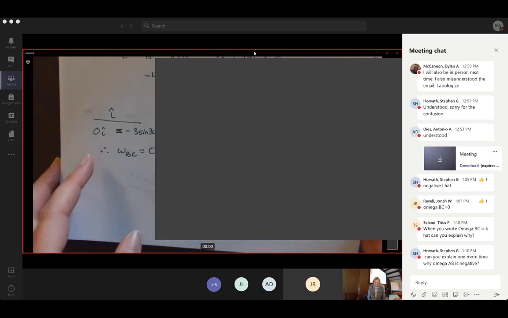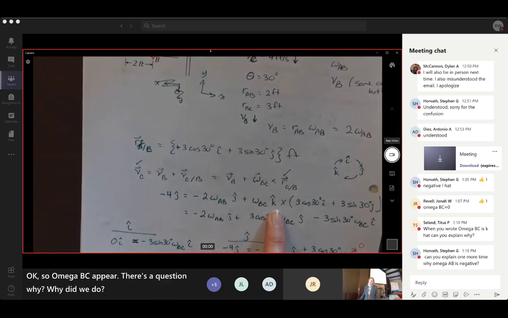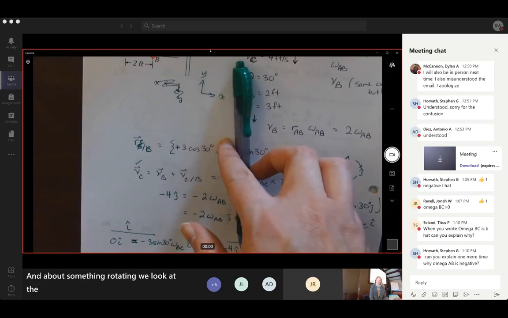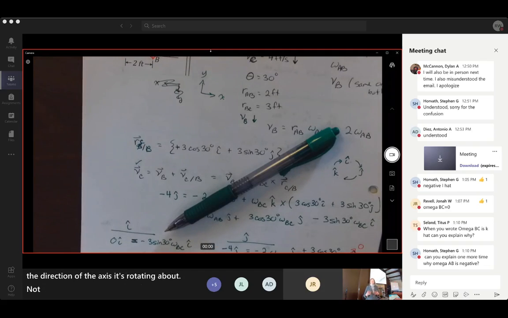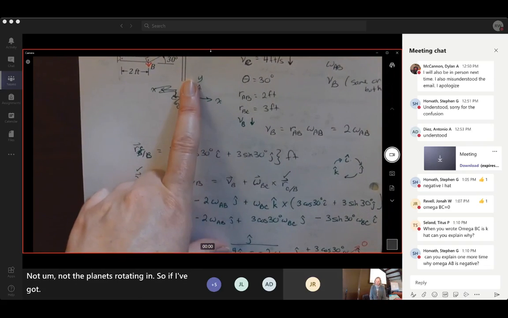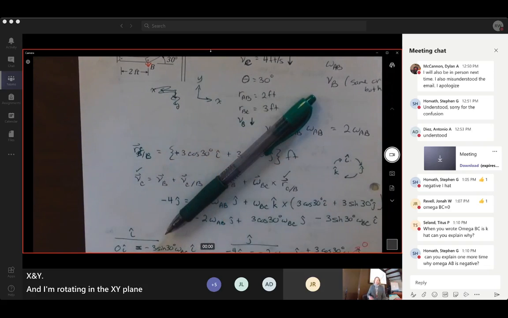Okay, so omega BC up here, there's a question, why did we do omega BC as k hat? And that's because when we're talking about rotation and about something rotating, we look at the direction of the axis it's rotating about, not the plane it's rotating in. So if I've got x and y, and I'm rotating in the xy plane, my axis is perpendicular to that.